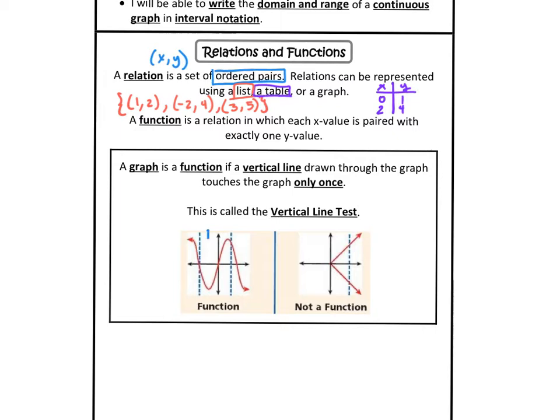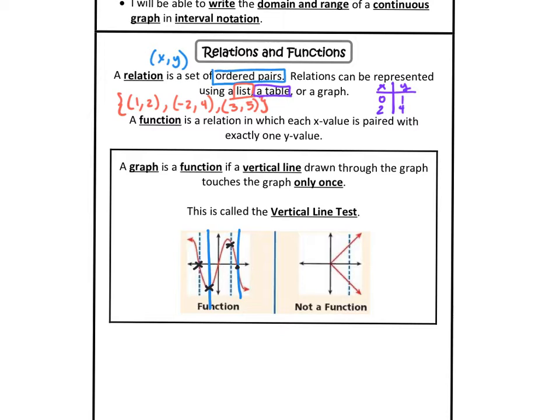Let me add that line, this line, and we see that it hits the graph here, here, and here.